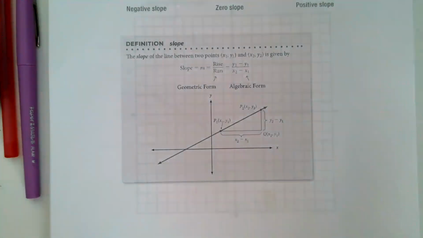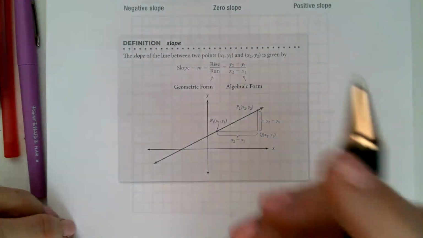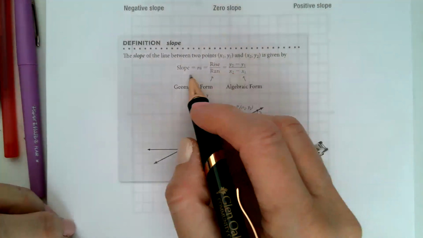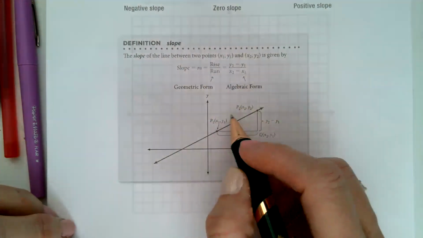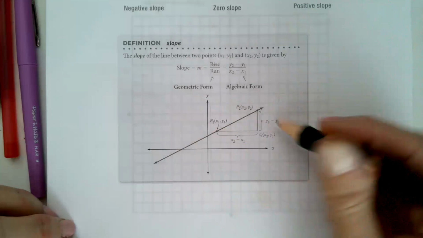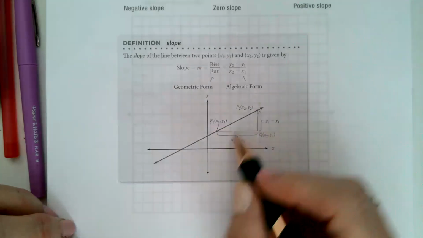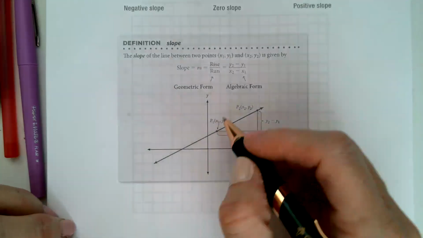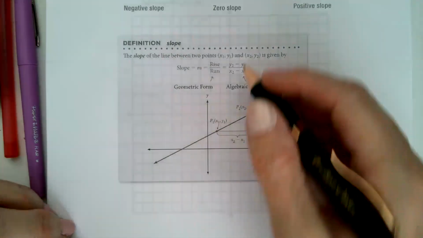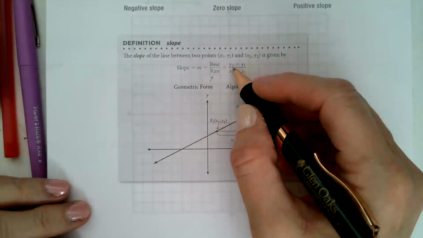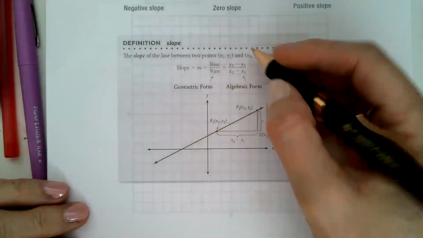Slope can be thought of in several different ways. A lot of us have heard the idea of it being rise over run. So it's the rise in your y change versus the run in your x change. If you were going from point P1 to point P2, it's also the difference between your y's over the difference of your x's.